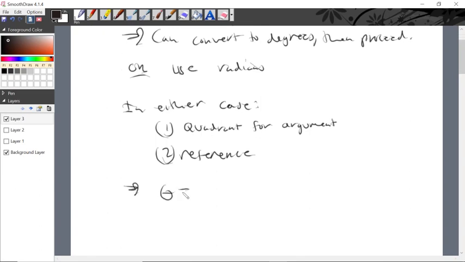Okay, if theta is equal to 11 pi over 6, this is what, pi over 2, pi, 3 pi over 2, 0, and also 2 pi. Let's see if we can get a common denominator in all these cases. Pi over 2 with a denominator of 6 would be 3 pi over 6.